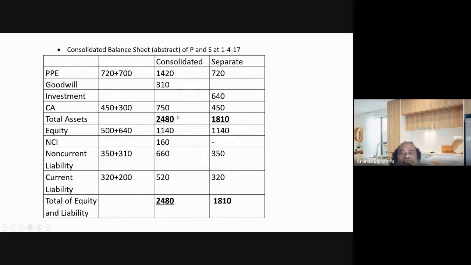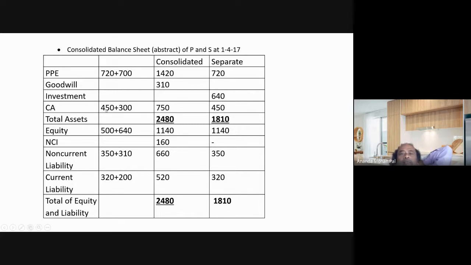So two columns are shown in abridged form, so that separate and consolidated can be shown just by two columns. Separate is the parent's own, and consolidated is the two taken together. Goodwill you have calculated, 310 on the date of acquisition, that you put. Investment in consolidated, there is no investment, but in separate the investment amount 640 is placed.